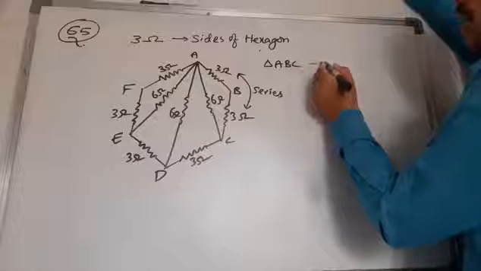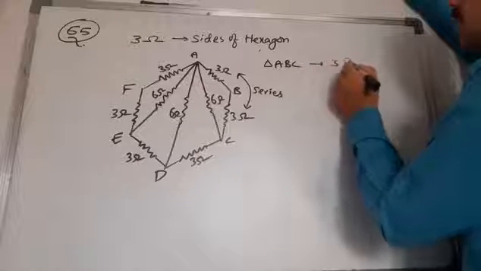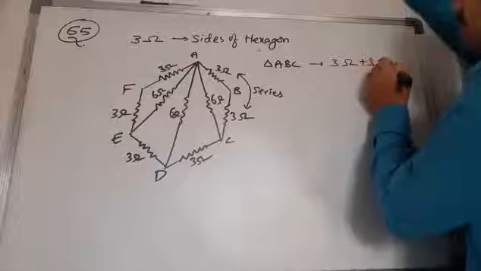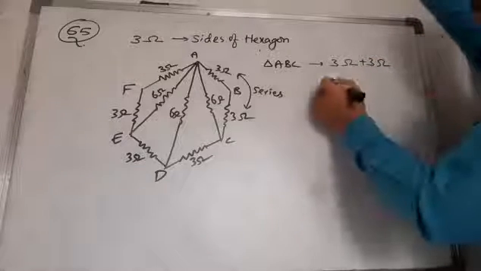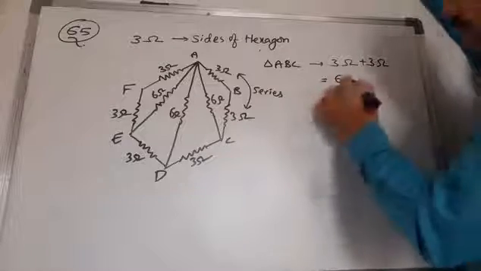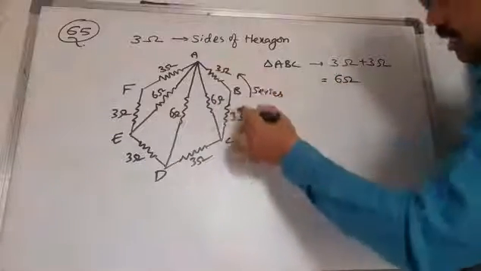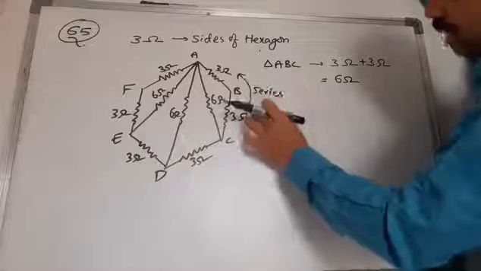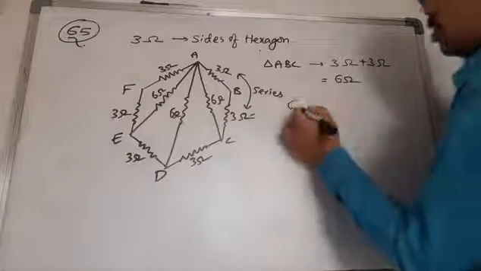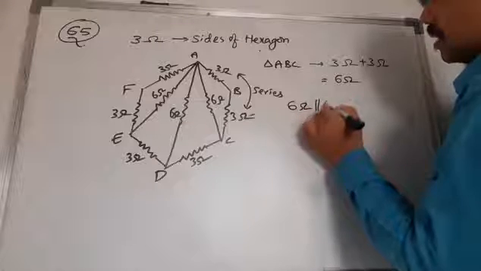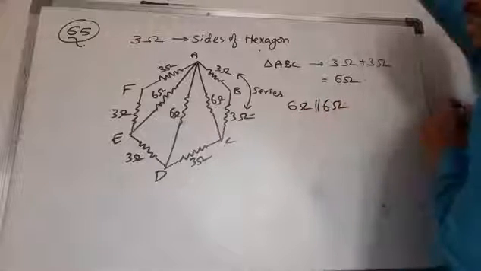So in triangle ABC, we have to add 3 ohms plus 3 ohms. So you will get 6 ohms, and this 6 ohms, the resultant of this 3 ohms and 3 ohms, is in parallel with this 6 ohms. Okay. So 6 ohms is parallel with 6 ohms, right?